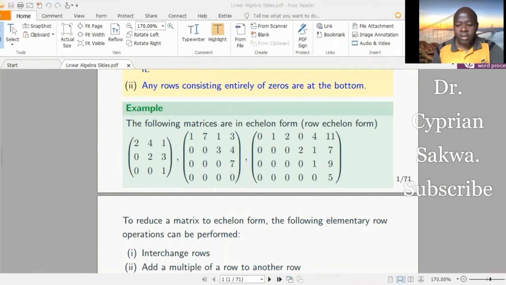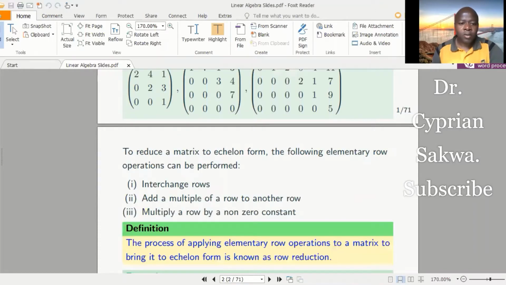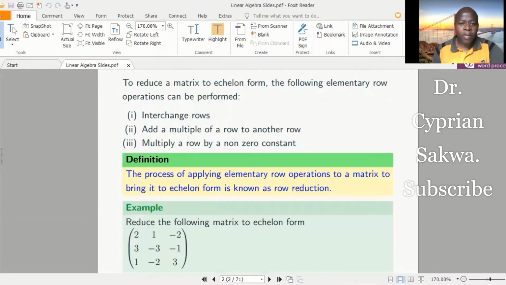So the question is now, how do we reduce a matrix to echelon form? To reduce a matrix to echelon form, we perform the following elementary row operations.